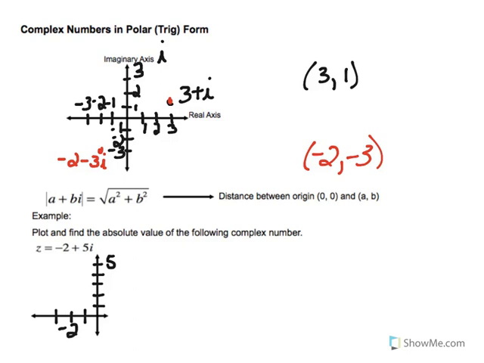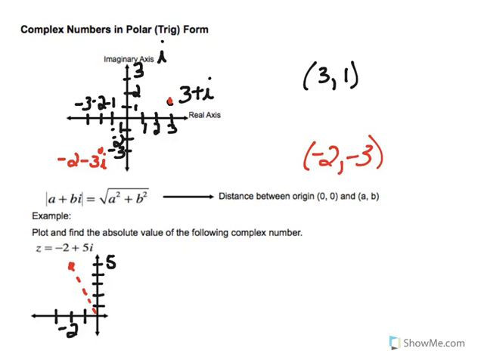Because we're going to be working with the polar coordinates, something that you're going to want to do is find what's called the magnitude, similar to your idea of vectors. So I'm going to plot the point -2 plus 5i. The distance from the origin out is going to be our r value later on.